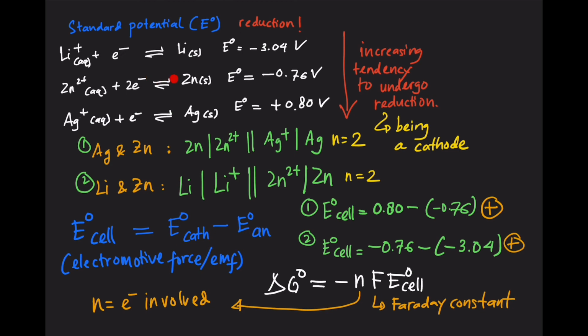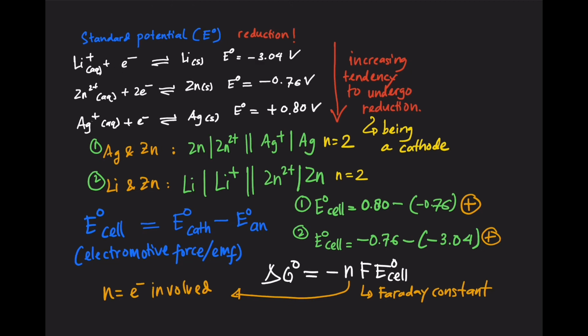So again, you have to sum up these 2 reactions, and to balance it, you have to multiply the third reaction by 2. To sum up the first and second reactions, you would have to multiply the first reaction by 2. And therefore, the n for both pairs will be 2, and this number is the one that you put in this equation.